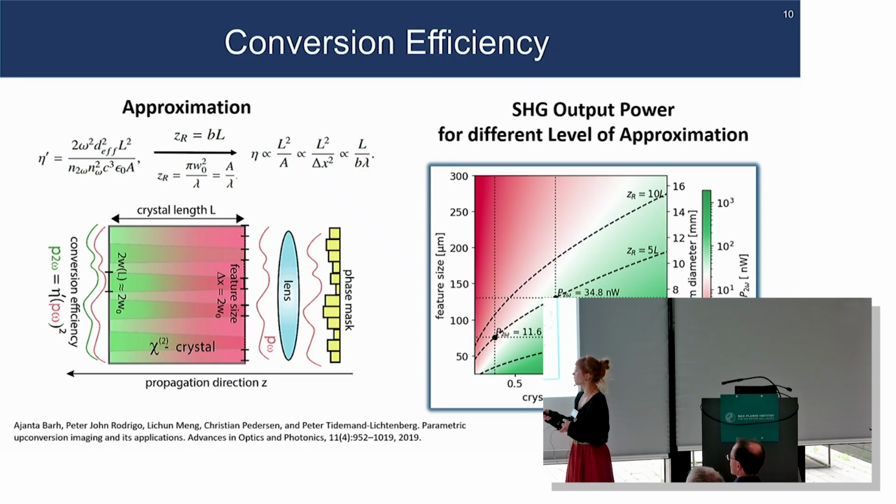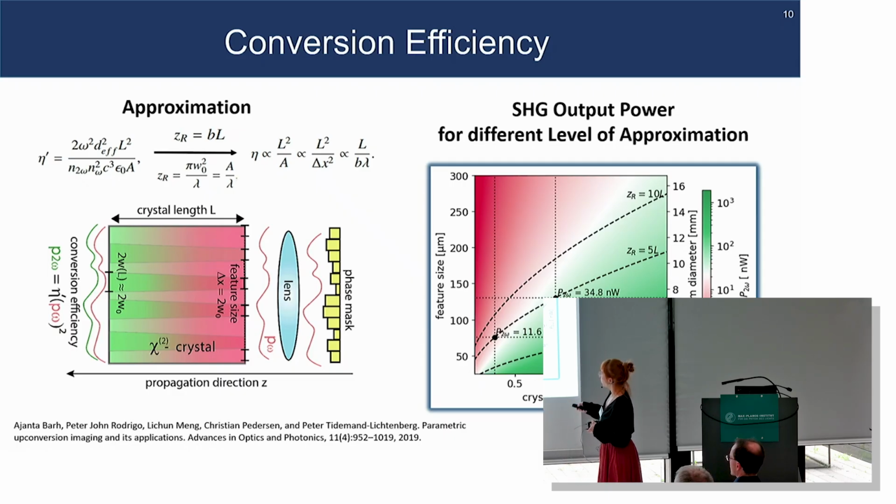And if we take the equation for the conversion efficiency and introduce these considerations, then we end up with a conversion efficiency that is proportional to the crystal length, as opposed to the square of the crystal length. And also, the better our approximation gets, the worse the efficiency.